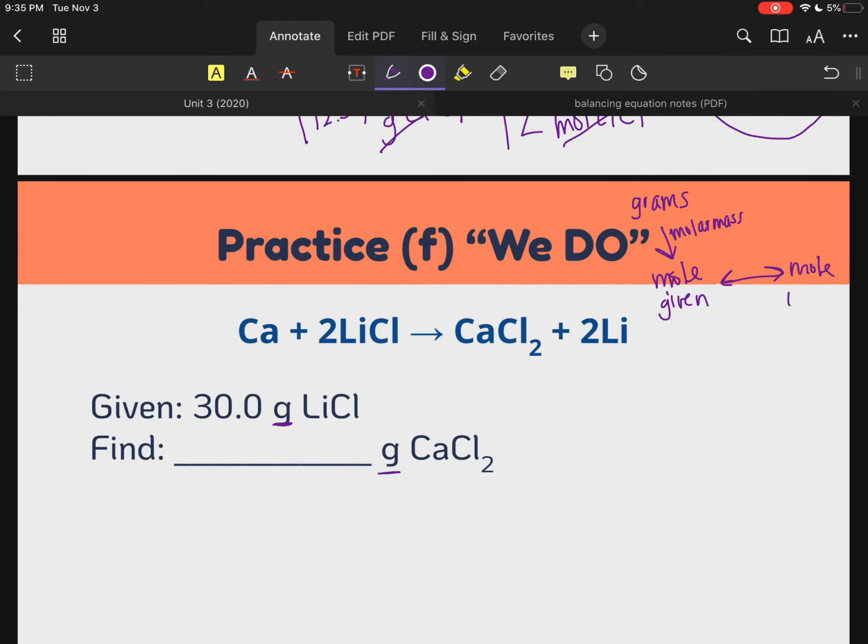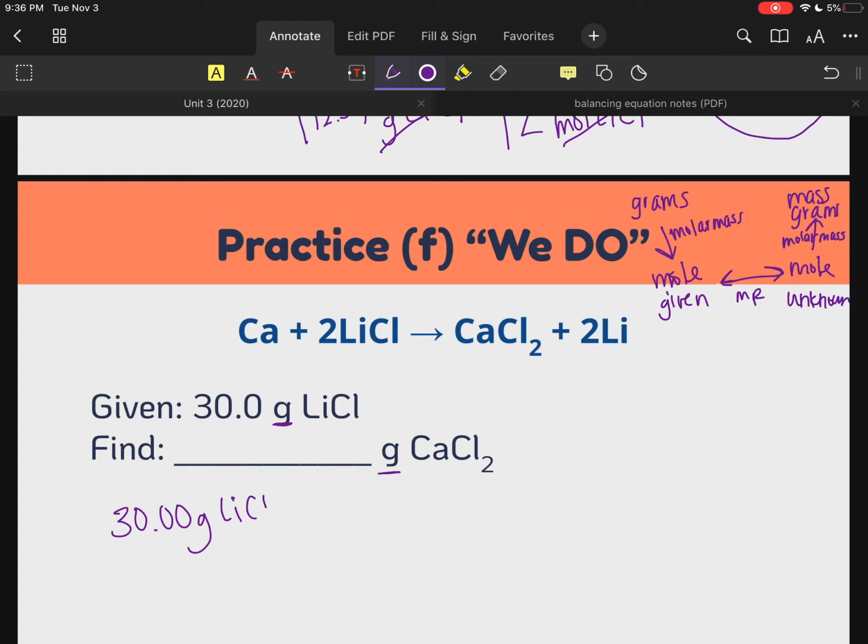I can go to my moles of my unknown using my mole ratio. Once I get here, I can do the same thing as I did at the beginning. I can go to my mass, my grams. How am I going to do that? Molar mass. So it's almost like we're ending the same way that we're starting.